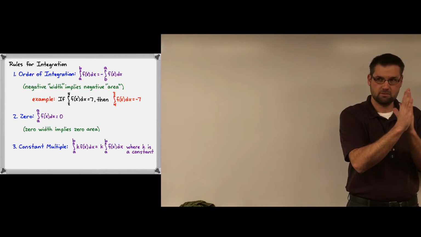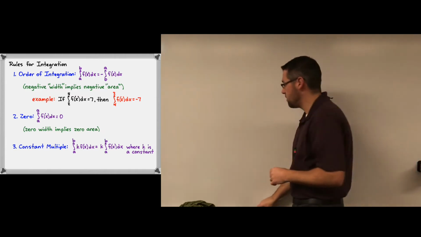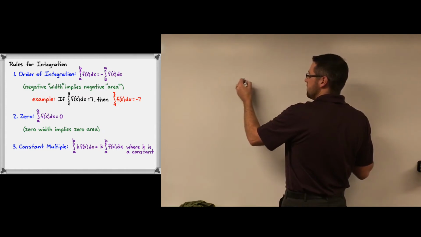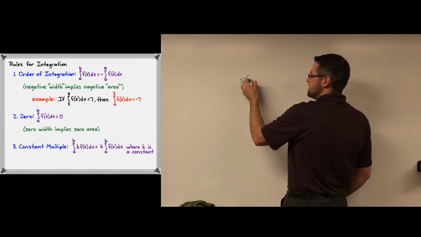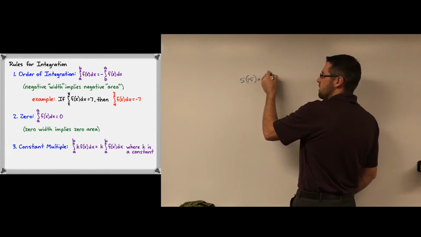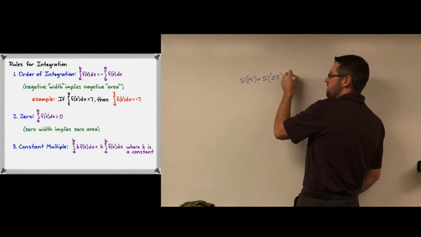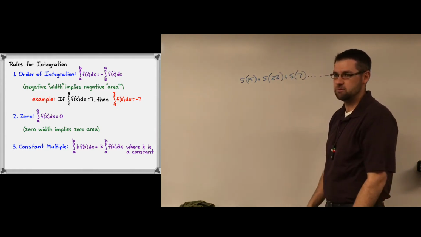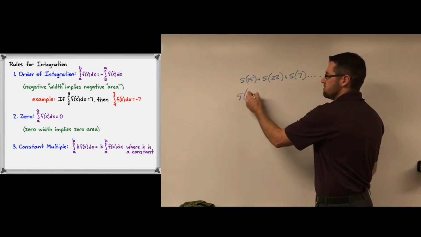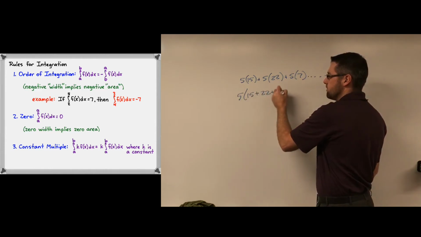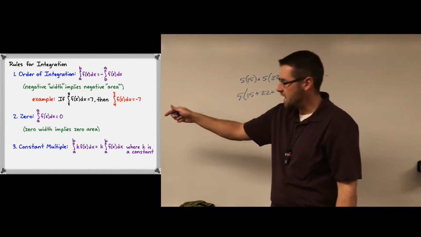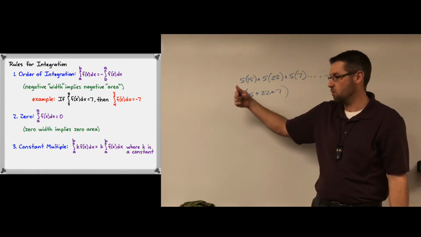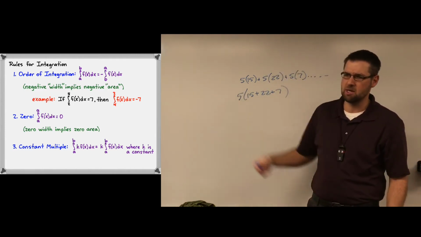So if I end up with the area of the rectangles as 5 times 15, plus 5 times 22, plus 5 times 7, and so on, what could I do to simplify that expression? Factor out the 5. So it becomes 5 times the quantity 15 plus 22 plus 7. And that's kind of what this is saying. k is a constant, so I can take that out of the integral, take the integral of what's left over, and then multiply it by the constant later.